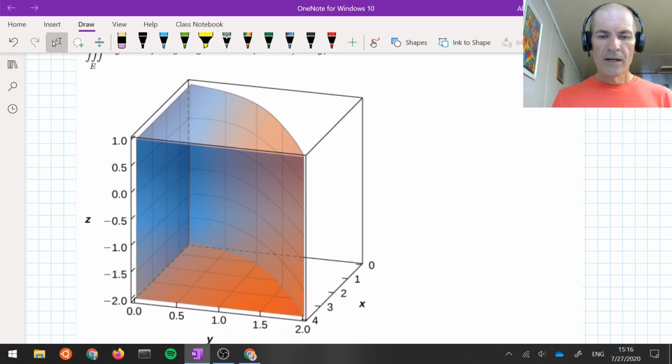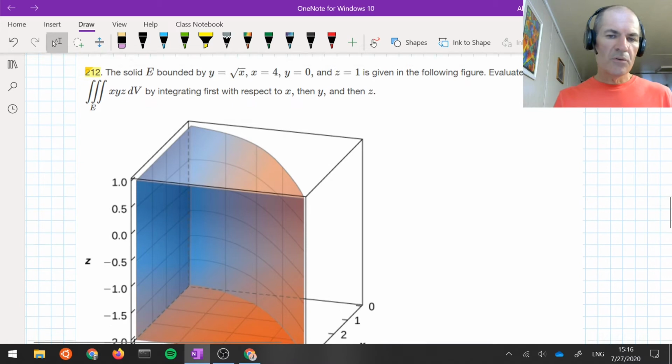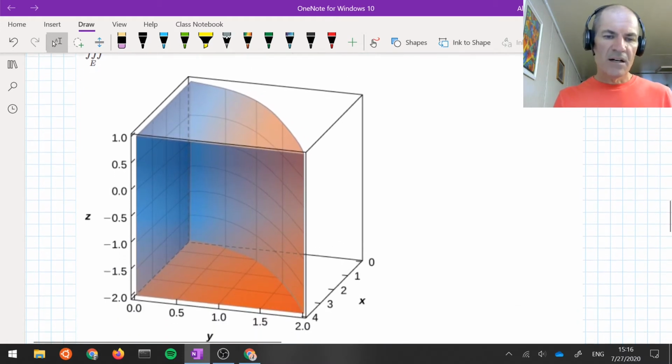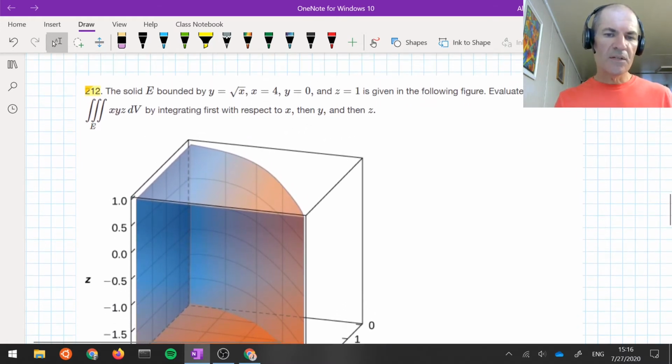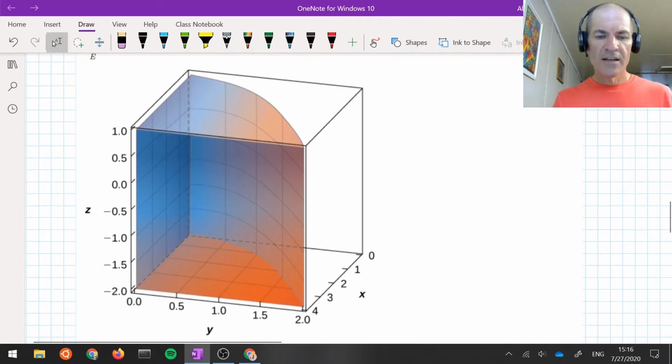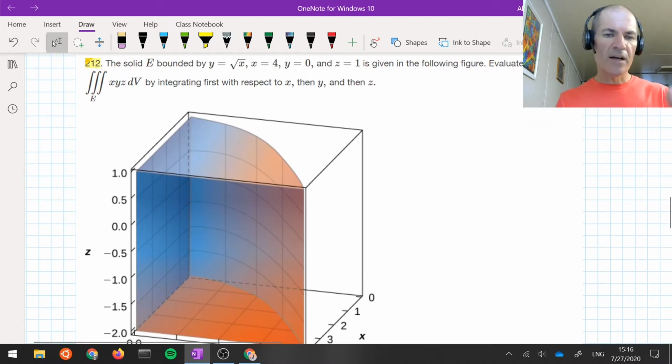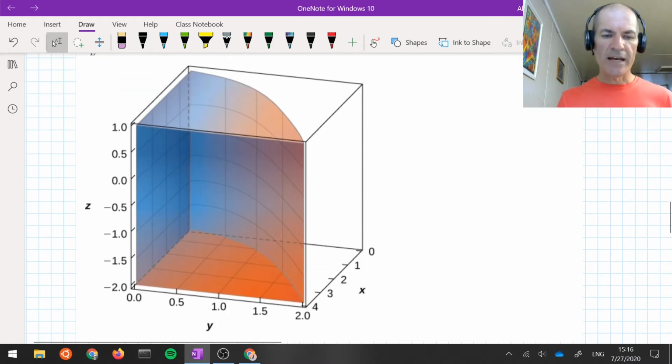All right, what we see here is in the x direction, lines within this figure that are parallel to the x-axis are always starting on this front face and ending on this curved surface. So we could do that. On the other hand, we already have y equal to the square root of x, so maybe we'll go in the y direction because y is already expressed in terms of x.